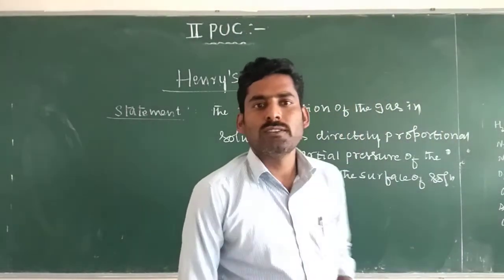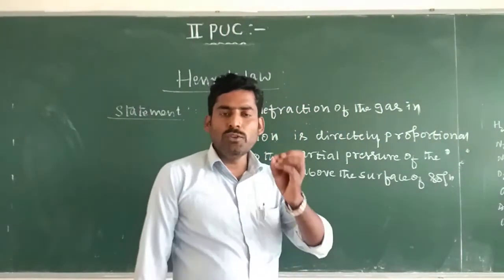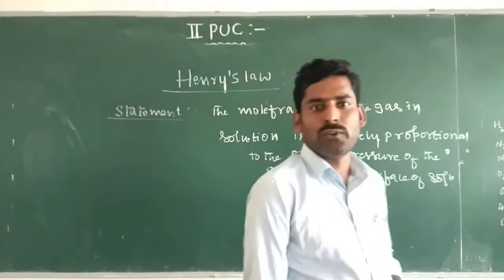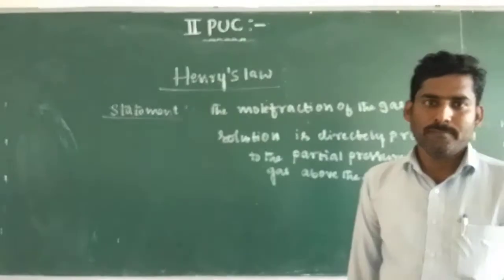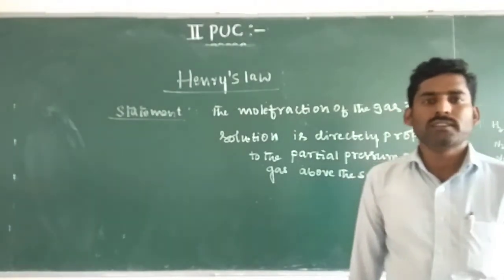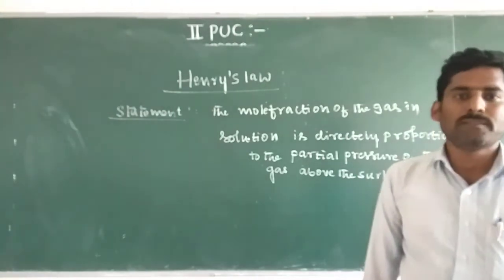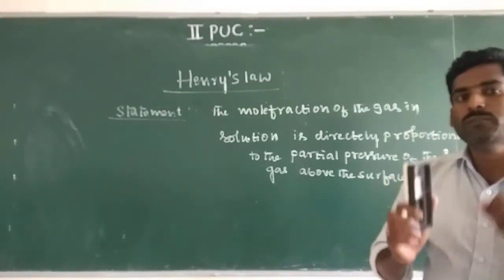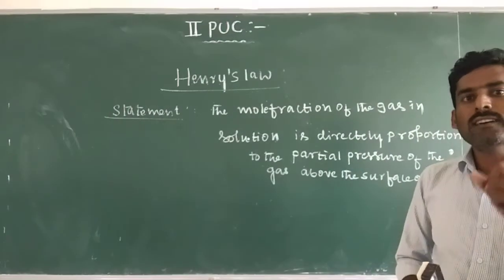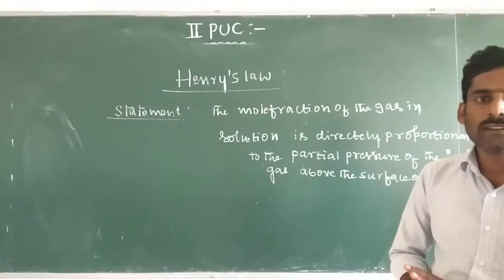It also states that the solubility of the gas in liquid or solution is directly proportional to the partial pressure present above the surface of the solution at a constant temperature.